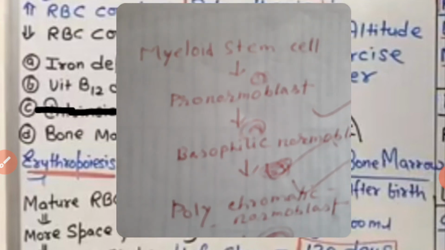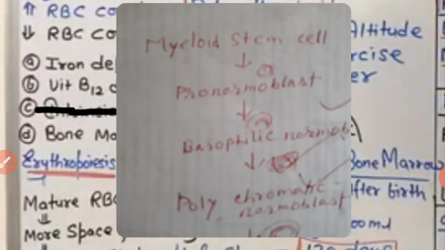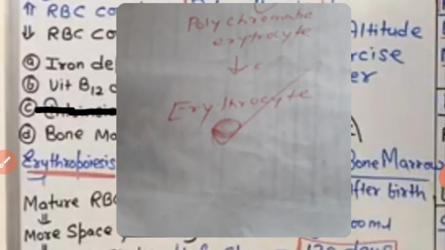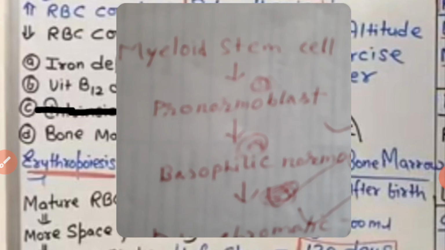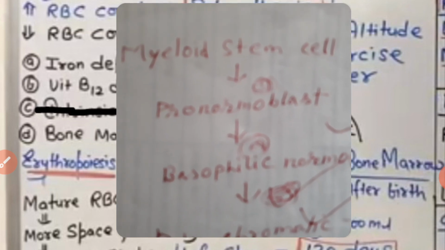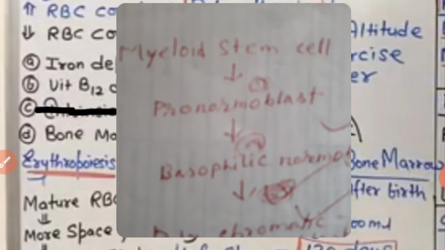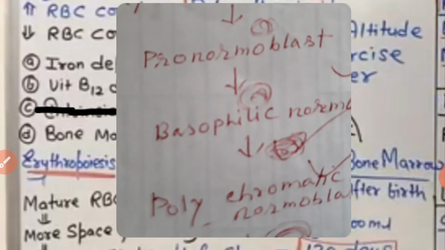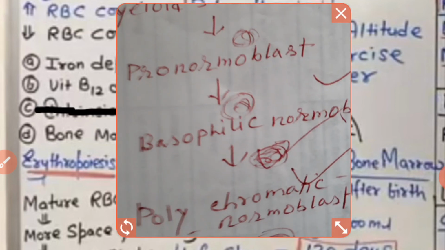That is, a myeloid stem cell finally produces an erythrocyte cell. This myeloid stem cell also produces other types of blood cells by various other steps. So here we observe the subsequent stages of the stem cell.